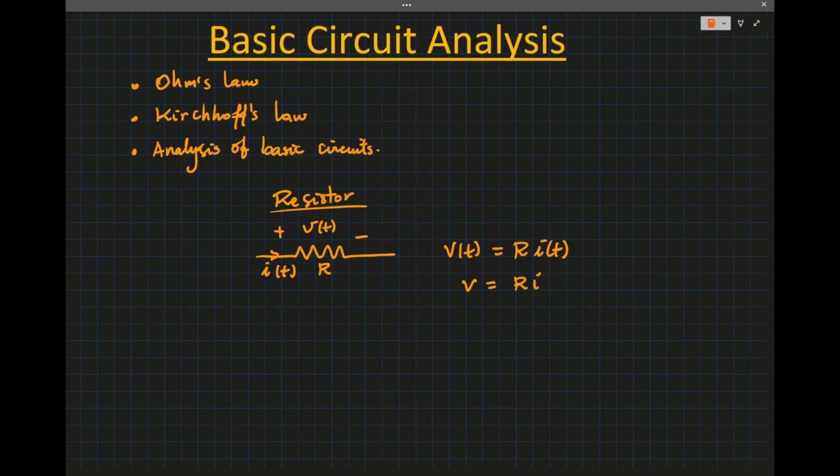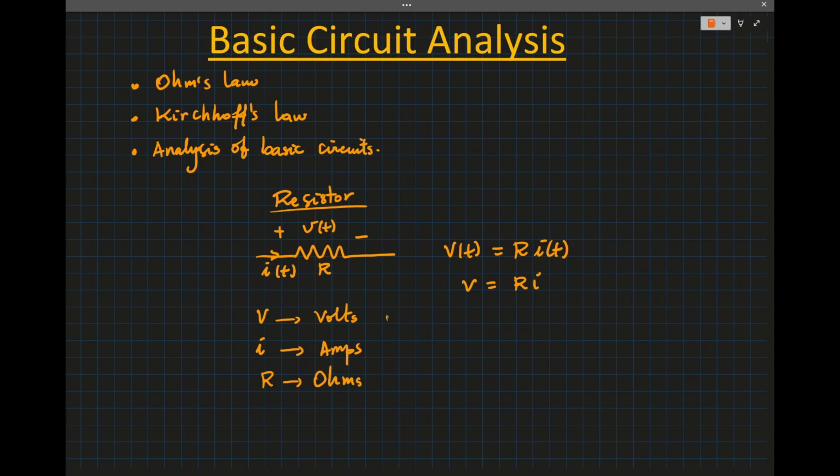Now, the units of a resistor: V is expressed in volts, i is expressed in amps, and R is expressed in ohms.